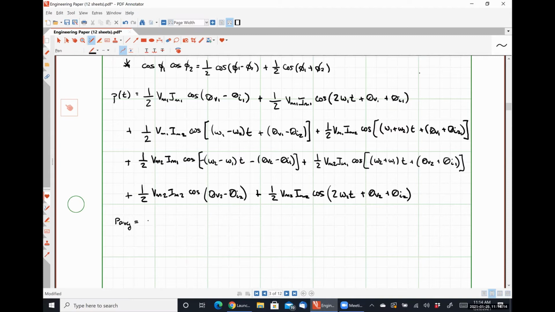So effectively all of these cross-multiplied terms where the frequencies don't specifically cancel each other out, when we take the integral over one period, all of those are going to go to 0.